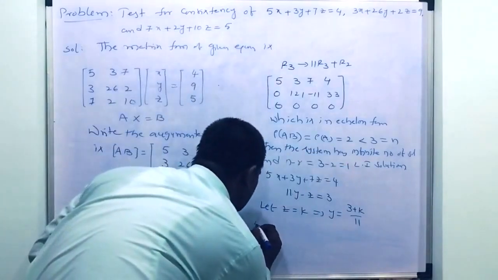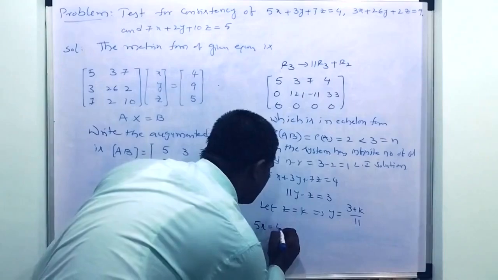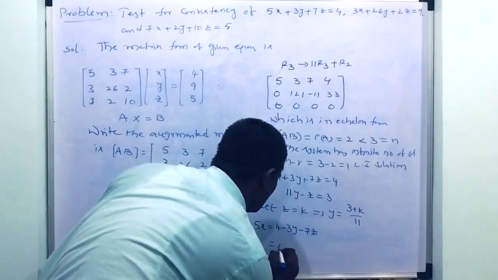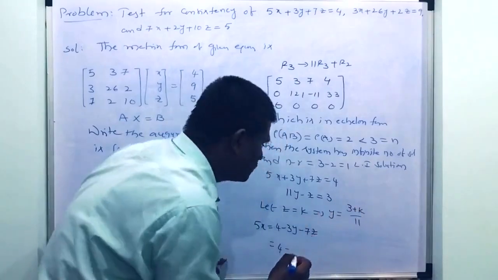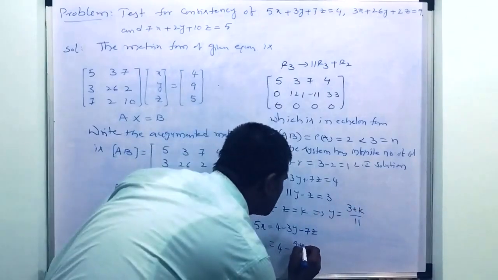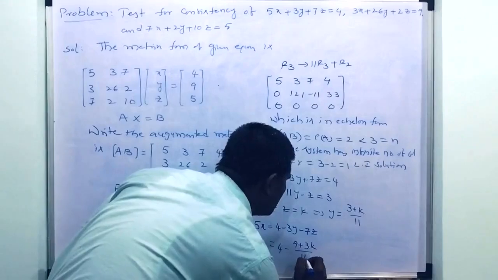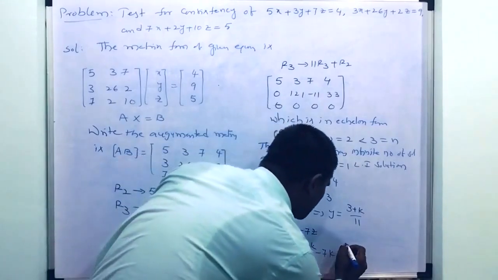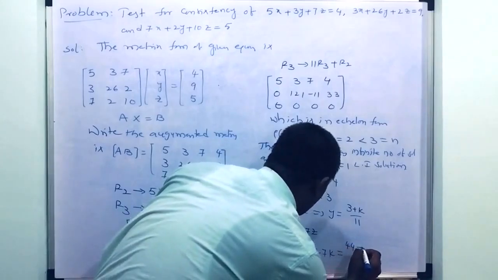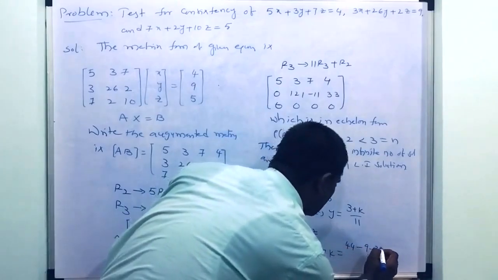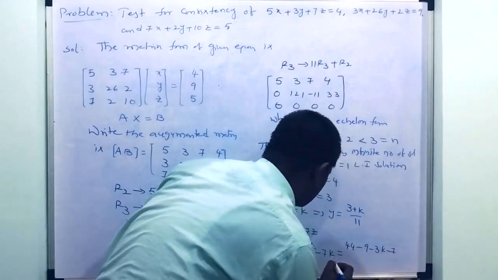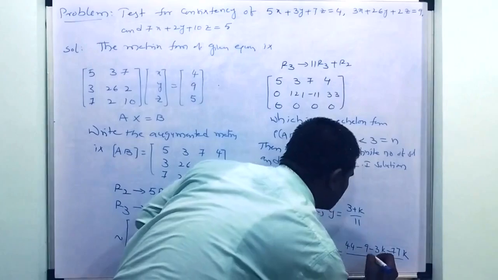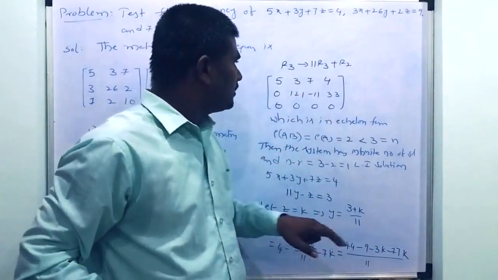So 5x is equal to 4 minus 3y minus 7z, which is 4 minus 3 into y. That means 9 plus 3k by 11, minus 7k. On simplification, you can see that 44 minus 9 minus 3k minus 77k by 11. 44 minus 9, 35.